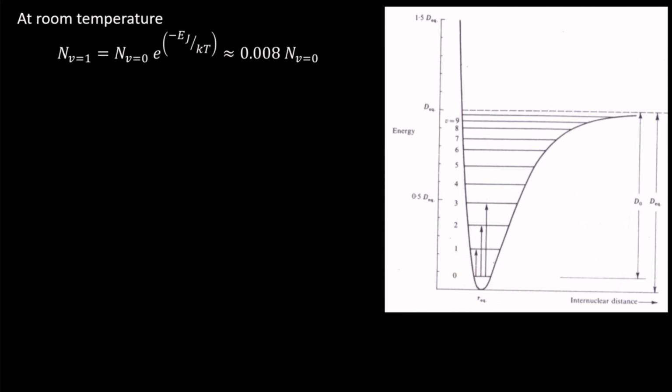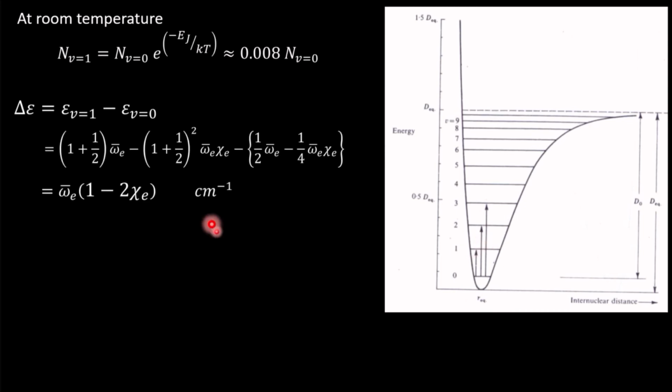The energy change involved in the transition from v equal to 0 to v equal to 1 state can be calculated from the energy difference of these two levels, and it is given by omega e bar into 1 minus 2 xe centimeter inverse.